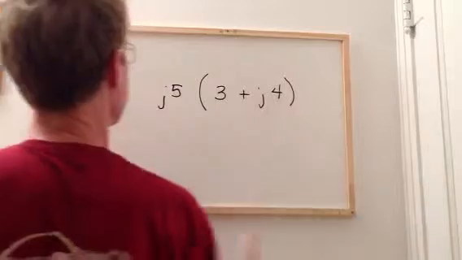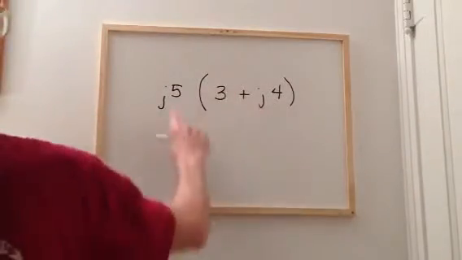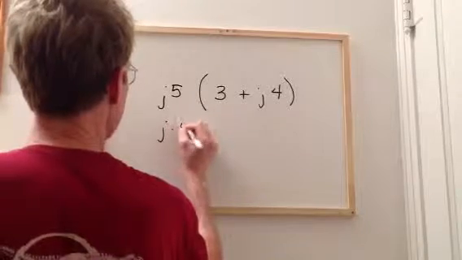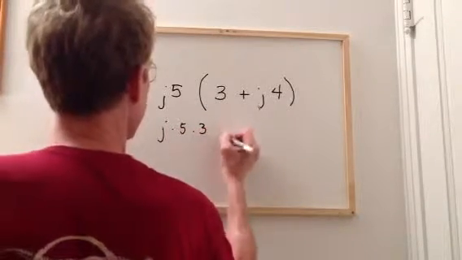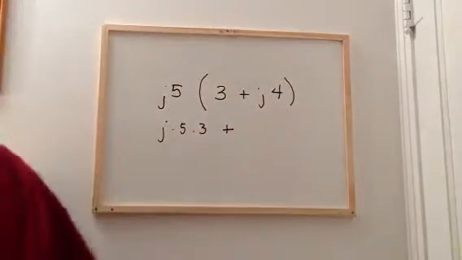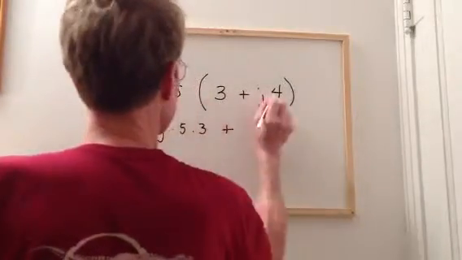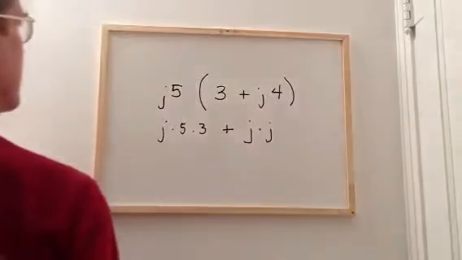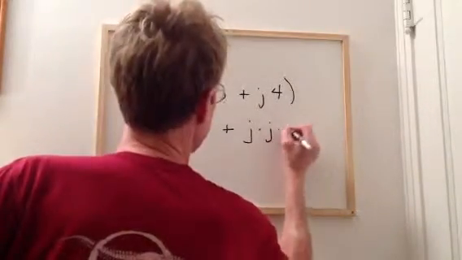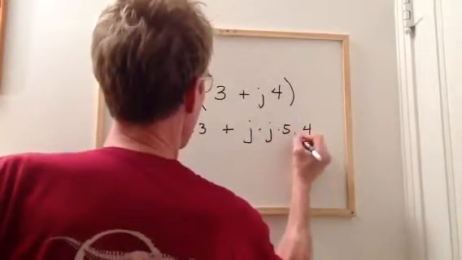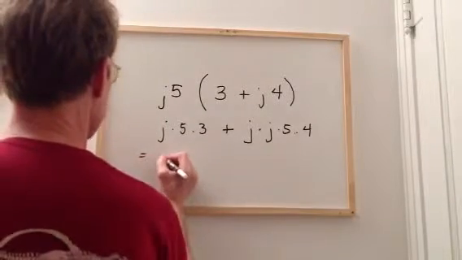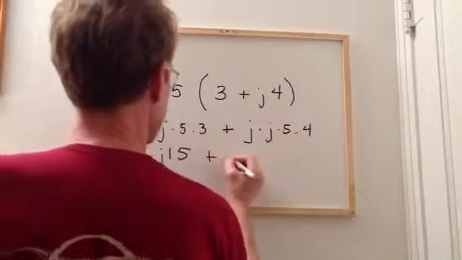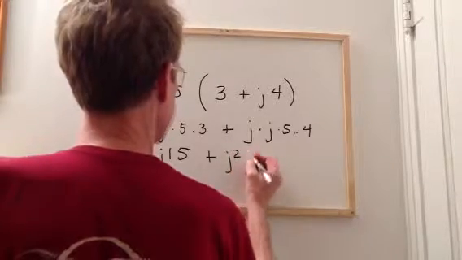Well, that's easy enough. We just multiply J times 5 times 3, and then we add to that this times that, which is J times J times 5 times 4 equals J15 plus J squared 20.